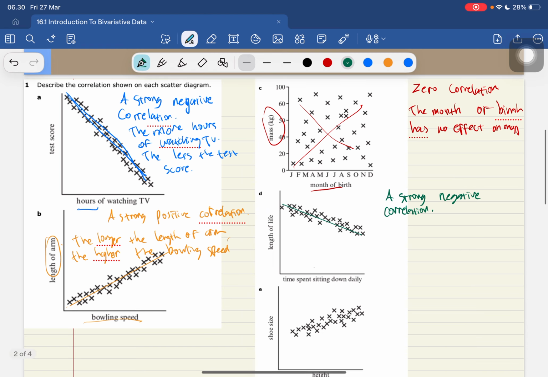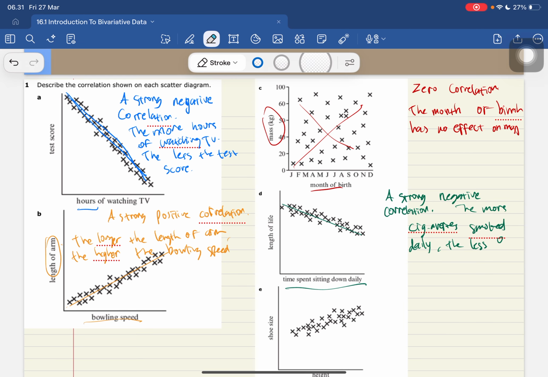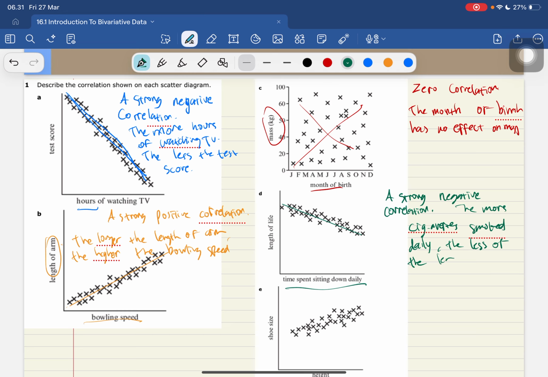So the more cigarettes smoked daily, the less the length of life. Less of the length of the life.